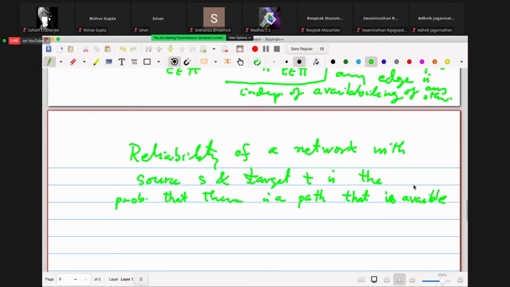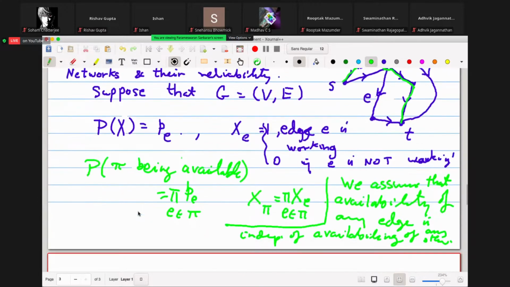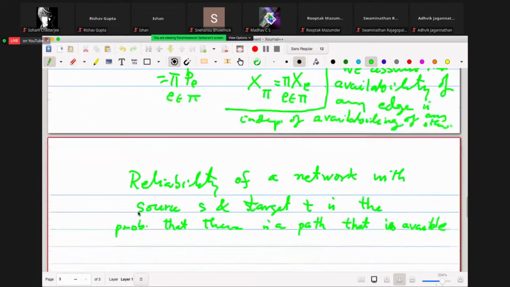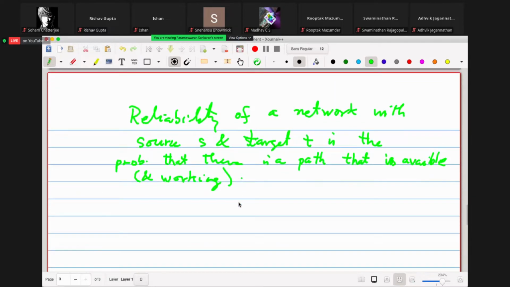The way I use the word available is if it is working. You may say that a particular path is there, but if it is not working, then I say that path is obstructed and not available. So available means working automatically for me. So this is finally going to be a number between 0 and 1.